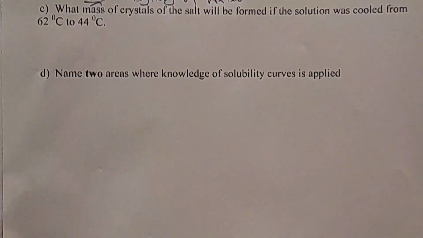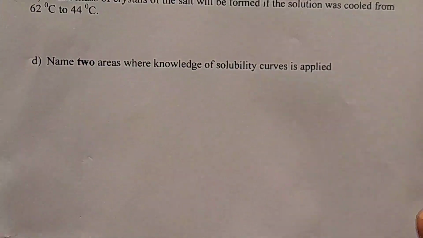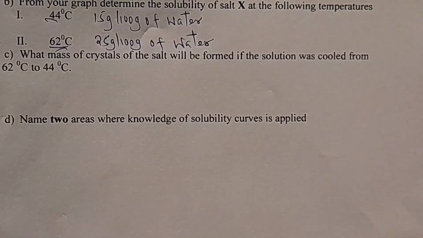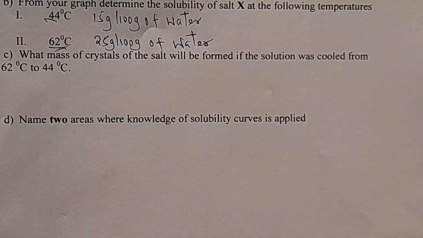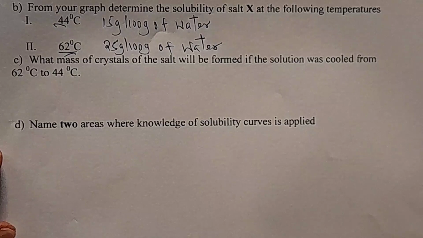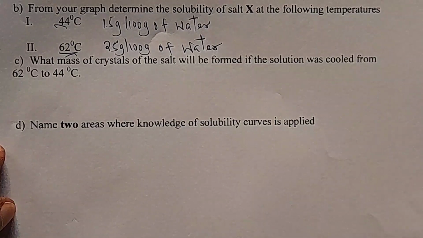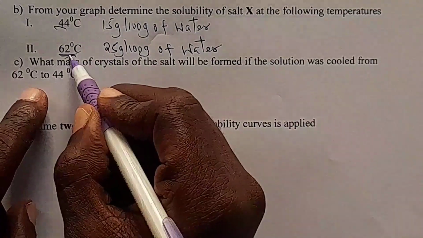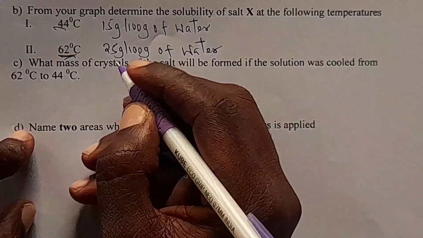So we are done with that using the graph. We are told next: what mass of crystals of salt will be formed if the solution was cooled from 62 degrees Celsius to 44 degrees Celsius? They need the mass of the crystals that form. At 62, we had 25 grams per 100 grams of water.